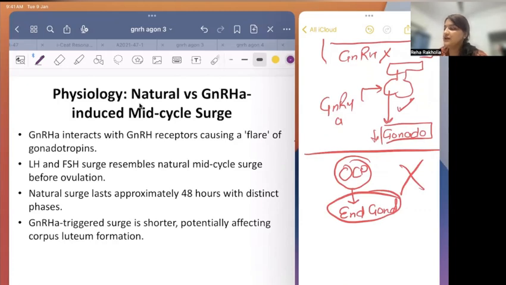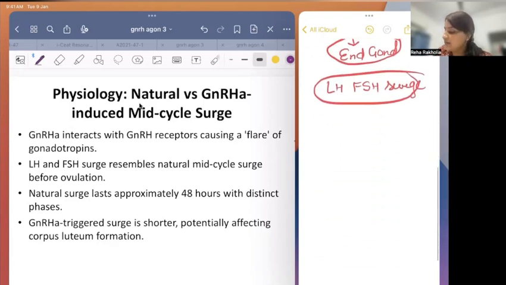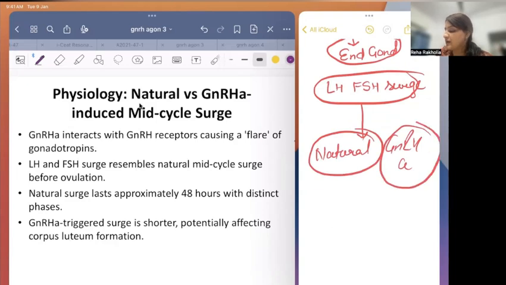Now, physiology of natural versus GnRH agonist induced mid-cycle. There is an LH surge and FSH surge, and in both natural and GnRH agonist trigger they are similar.